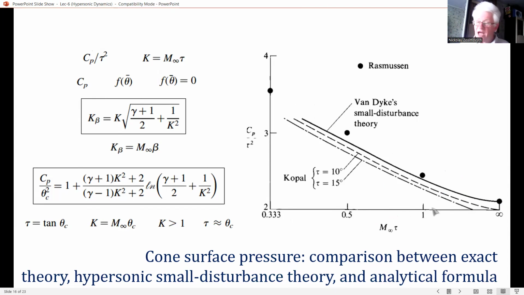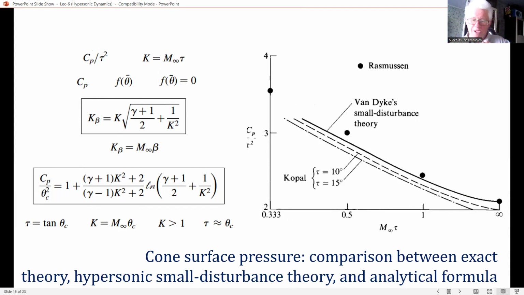The two lower lines are exact conical flow results from Kopal for cones of 10 and 15 degree half angles. By the way, the solid circles in this diagram correspond to a closed form analytical expression to be discussed subsequently.